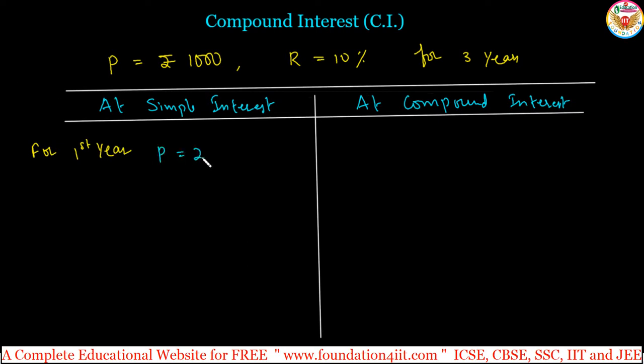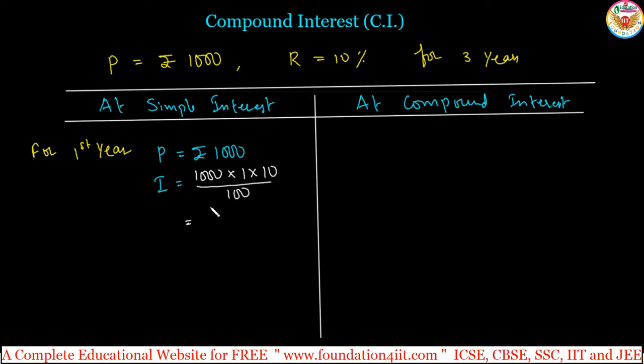P is equal to rupees 1000 principal, and I is the interest. Don't think of simple or compound interest yet, this will be interest. Interest is calculated as 1000 into time, for 1 year, rate of interest 10 by 100.